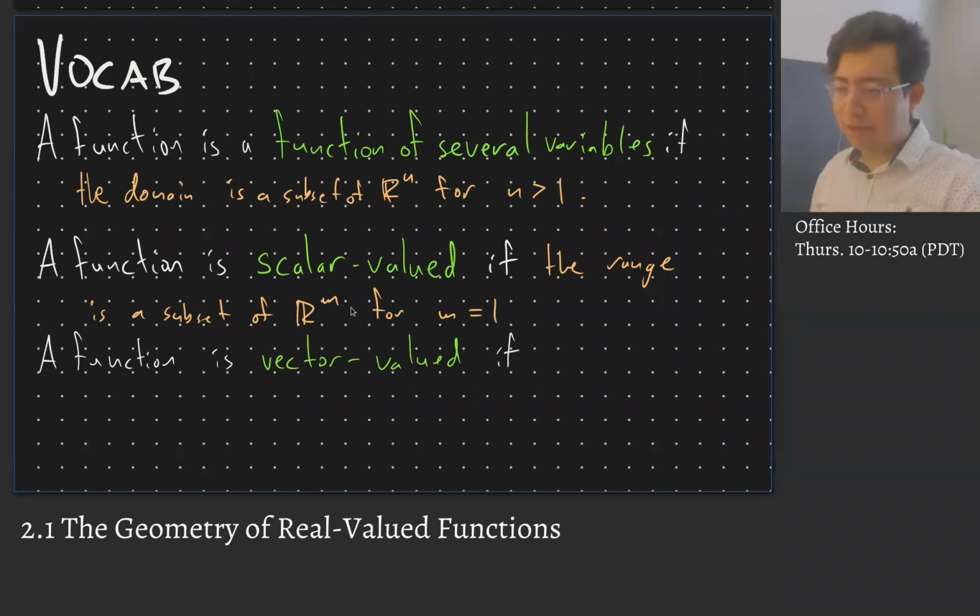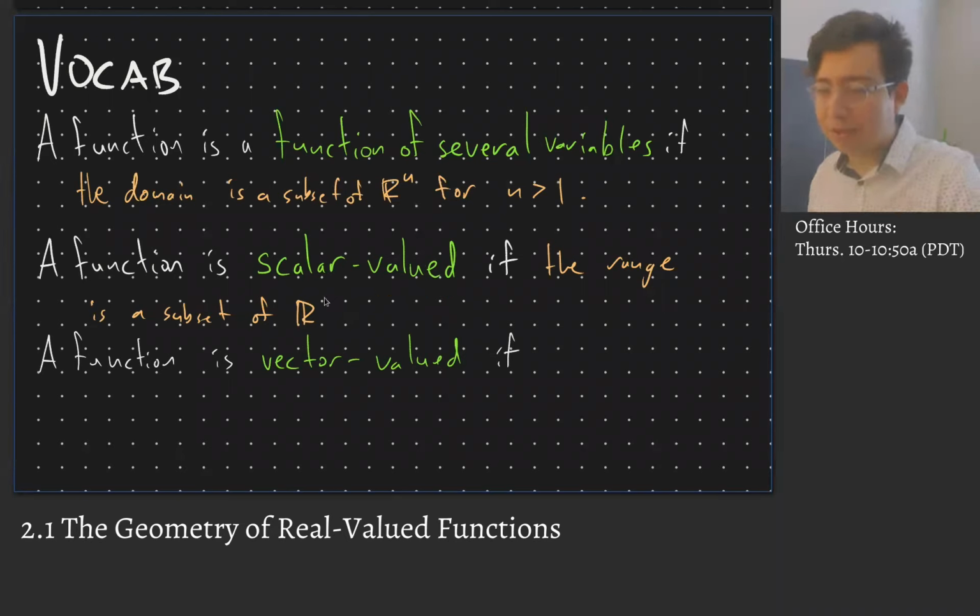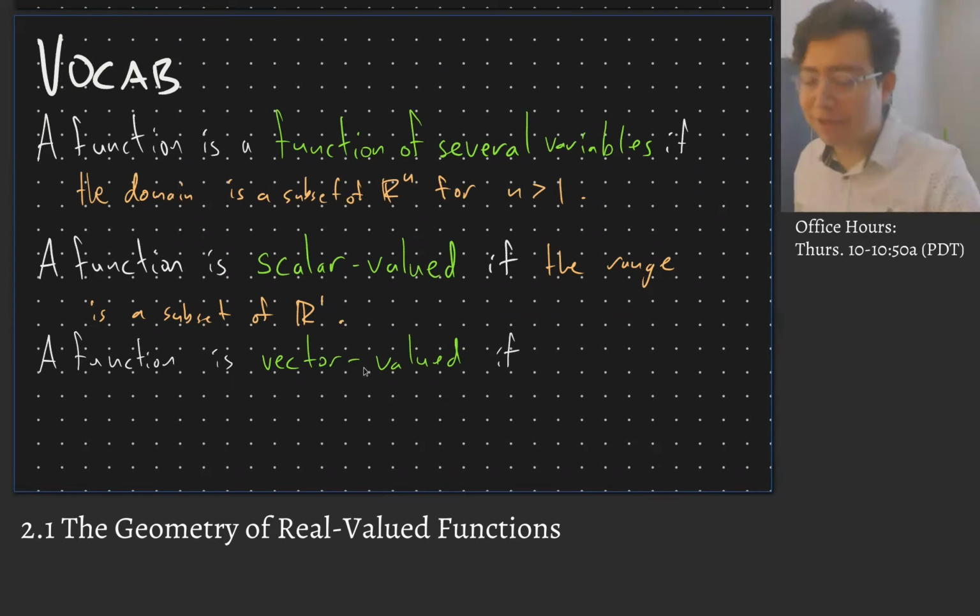So maybe I can simplify all of this. Instead of writing R^m for m equal to 1, I could just write R^1, which we sometimes just call R. Or maybe I should say R, which we sometimes just call R^1.